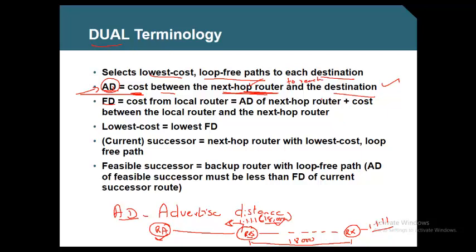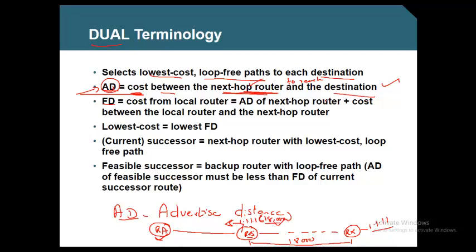So I have one doubt there. For example, in the perspective for router A to reach destination X, it is called advertised distance, right? From router A to reach router X, it is the advertised distance, right? No. Sorry.